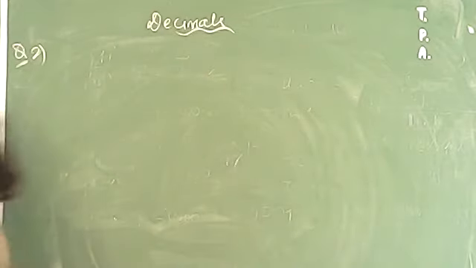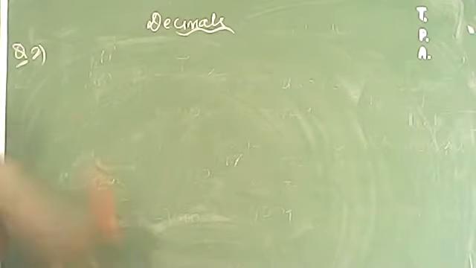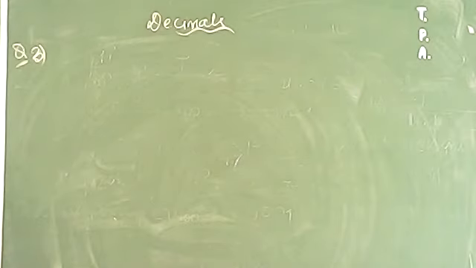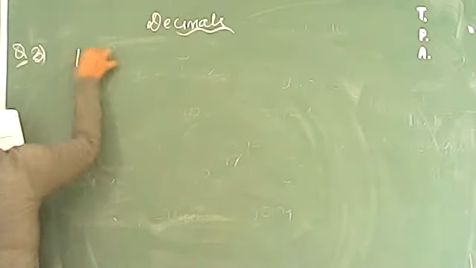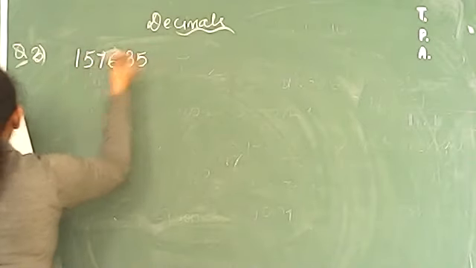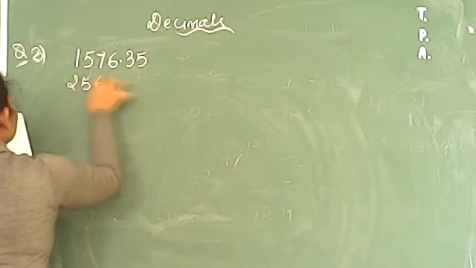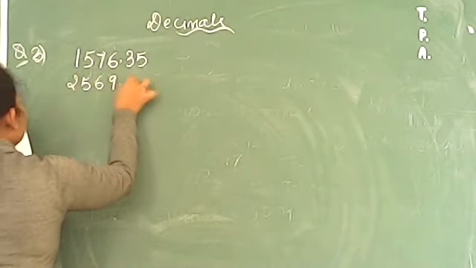So here we will use three patterns, three patterns means you will use 3 steps. 2 times you will take out sum and at the last you will take out the subtraction part. So let us have first addition of both the numbers. So here it would be 1576.35 and another number we have as 2569.80.